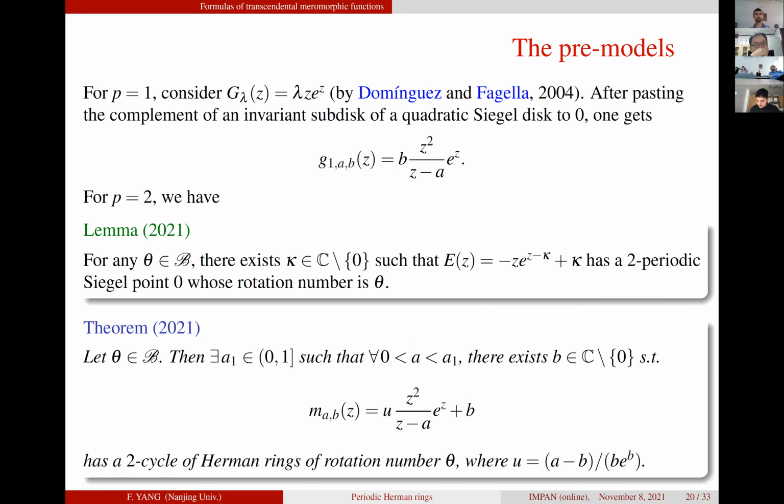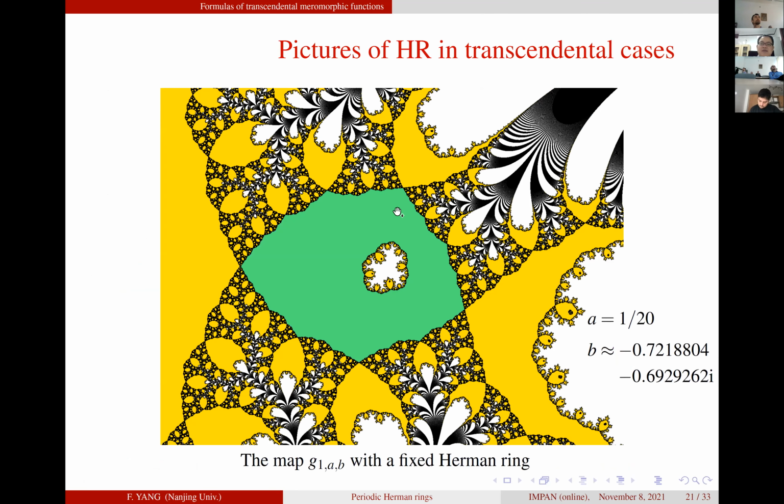In the pictures of Herman rings in transcendental cases like this, for this family you can choose suitable A and B such that it has a fixed Herman ring like this, and the other Fatou components are iterated eventually onto this green part.